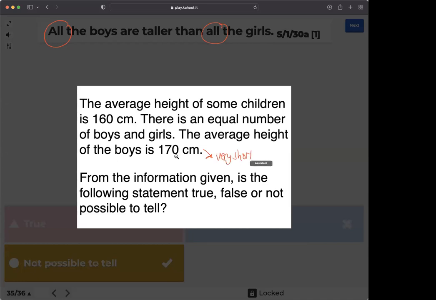There can be also girls that can be very tall. Just that the average of the whole class is 160 and the average of the boys is 170. But there could be some very short boys. Understand? So in this case, with this information, you cannot tell that all the boys are taller than the girls. Okay, not possible to tell. The one student that chose false, you understand now?